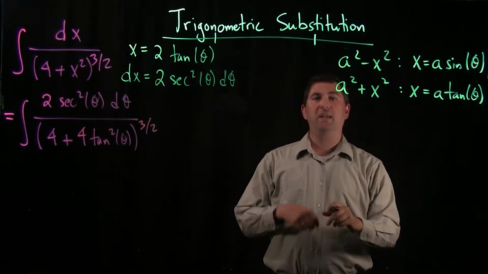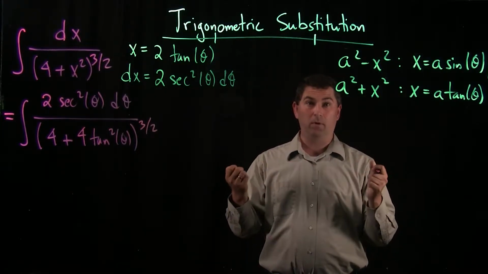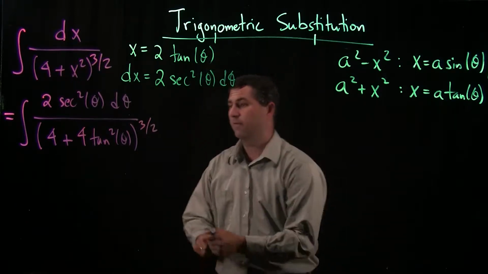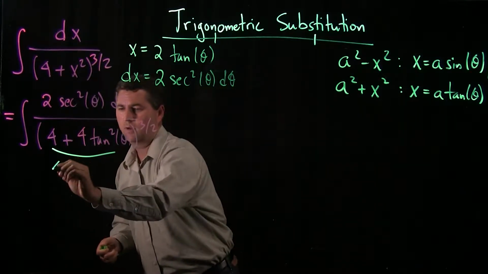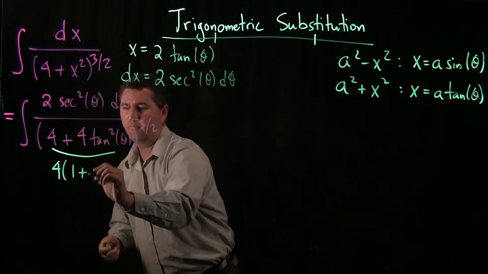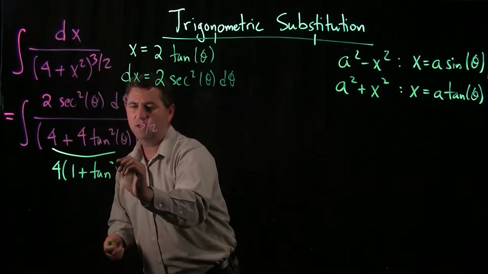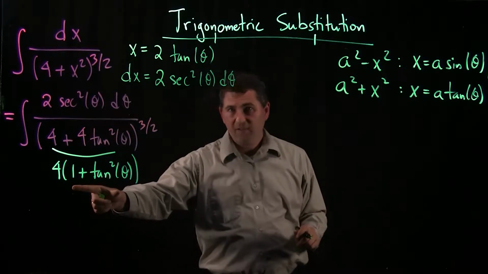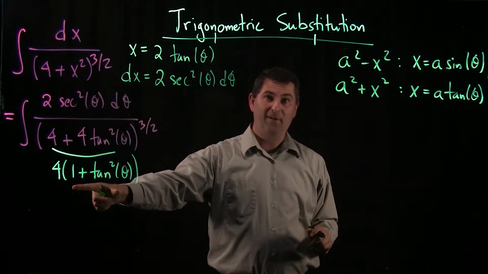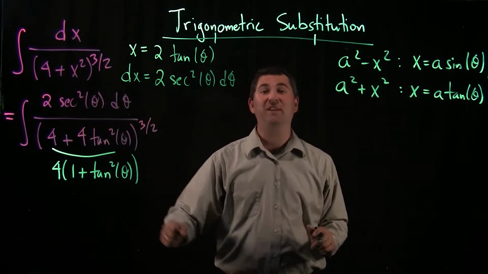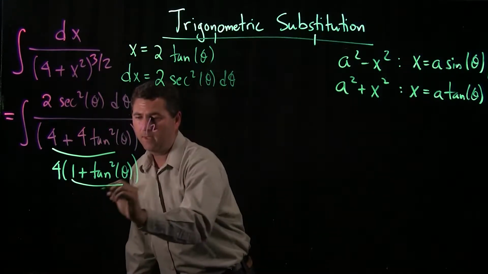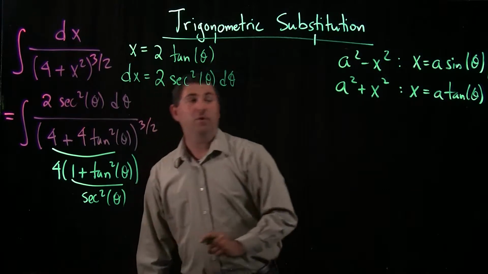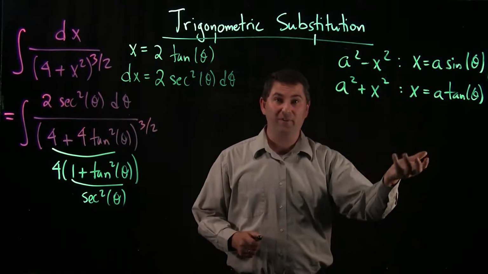Okay, now we play the same game that we did when we were making our sine substitution. I'm going to factor a 4 out of this expression so that I get 4 times 1 plus tangent squared theta. And this, we know from our other results on trig functions, is equal to secant squared theta, which is why we want to do this substitution in the first place.